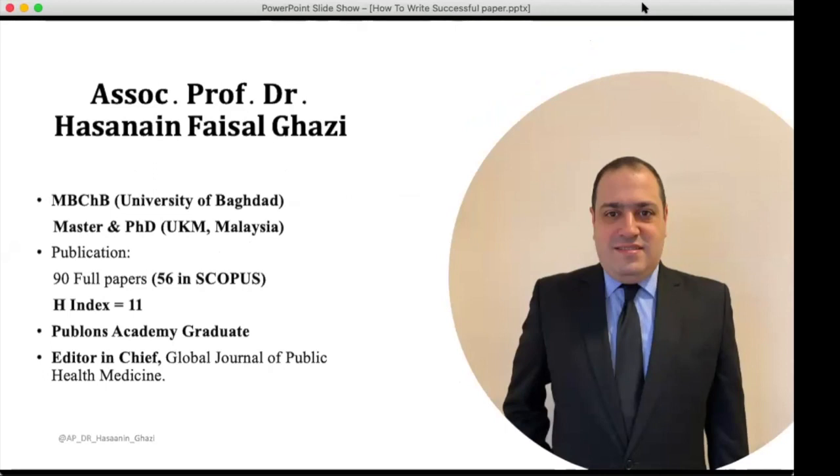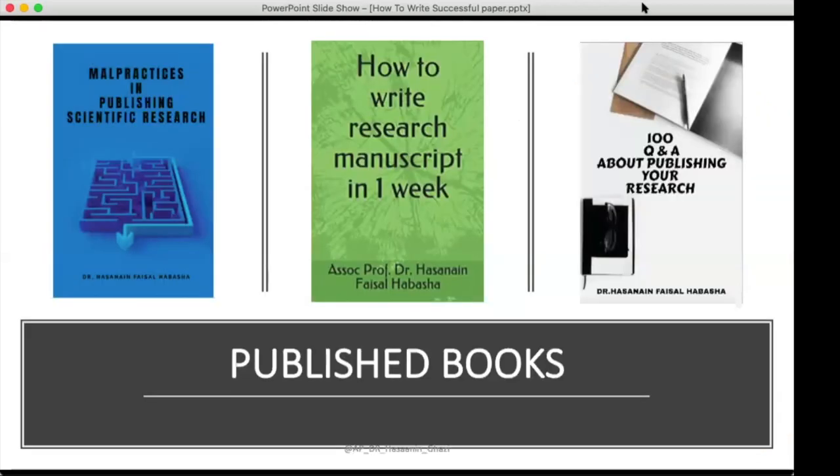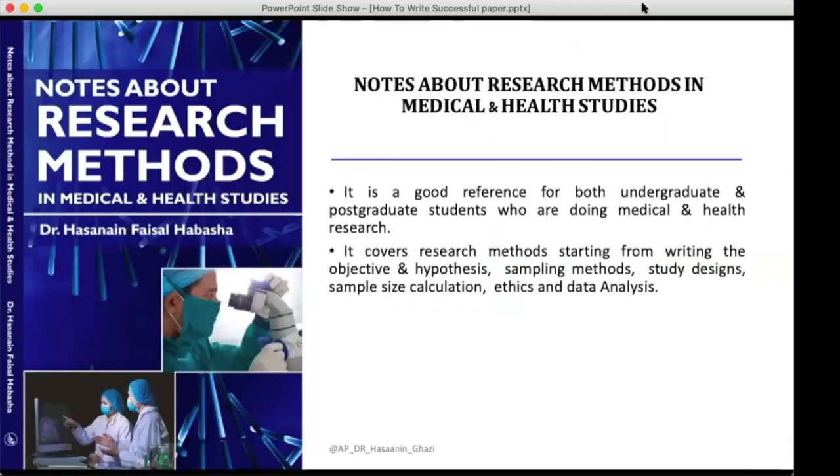I have been in the research and publication area for the past 13 years, and I have 5 books published. Some of them are Malpractices in Publishing Scientific Research, How to Write Research Manuscript in 1 Week, and 100 Q&A about Publishing Your Research. The books are available on Amazon if you are interested. And of course, this one about research methods, but it is on medical and health studies.